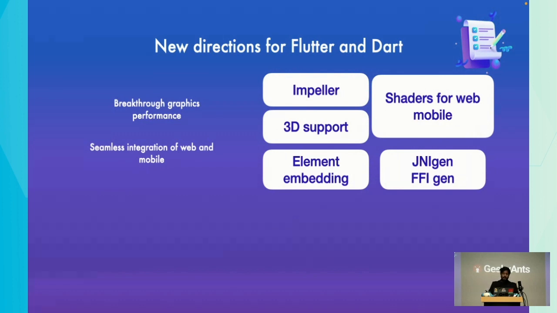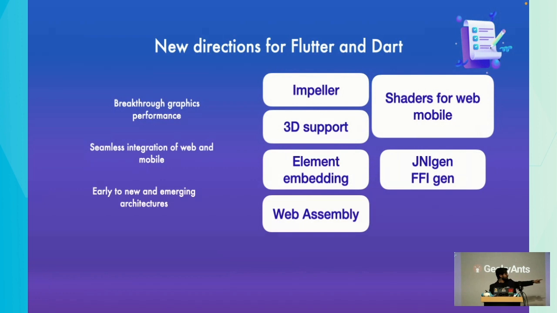A very good use case of JNI is, let's say you have a C library which is very efficient at image processing. With JNI and FFI, you can connect with it and do direct integration instead of going through the platform channel, then Android, and so on. With the gen, that means your code will be generated.